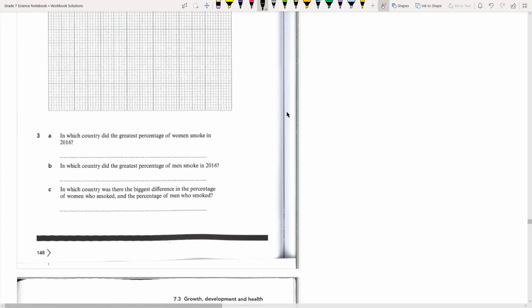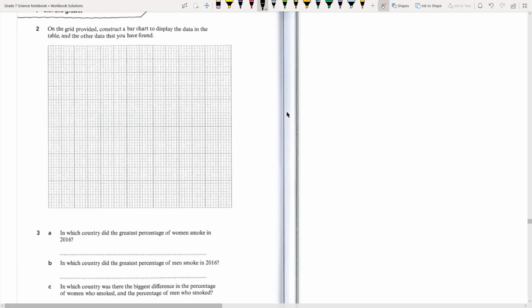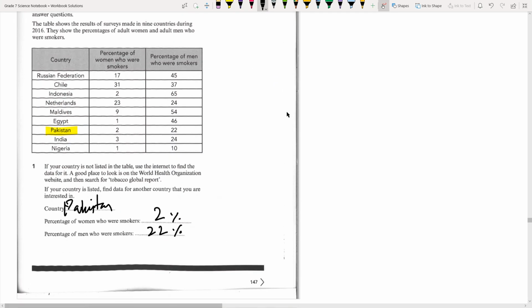In which country did the greatest percentage of women smoke in 2016? So we can see that Chile had the greatest, that's 31.